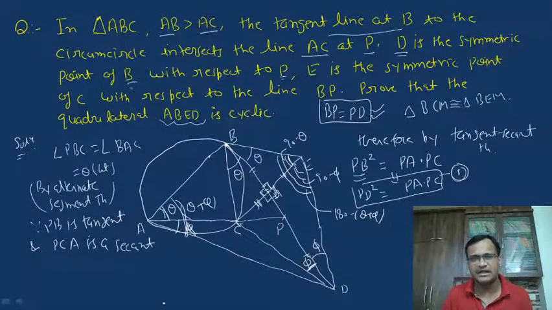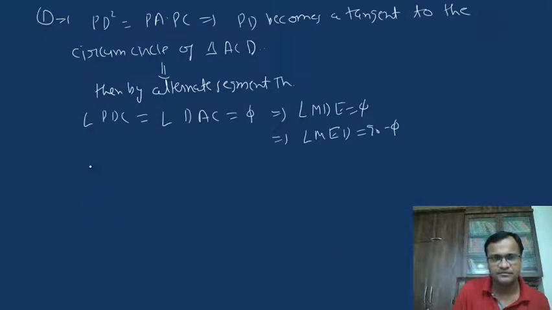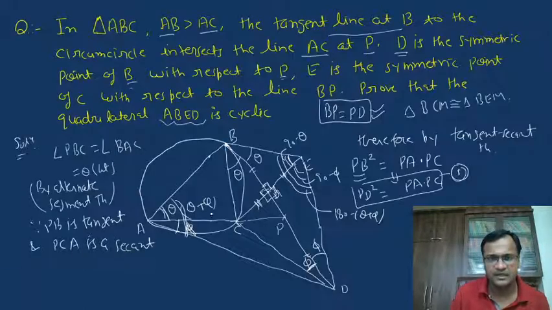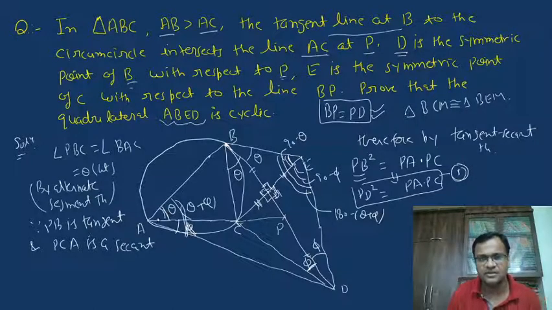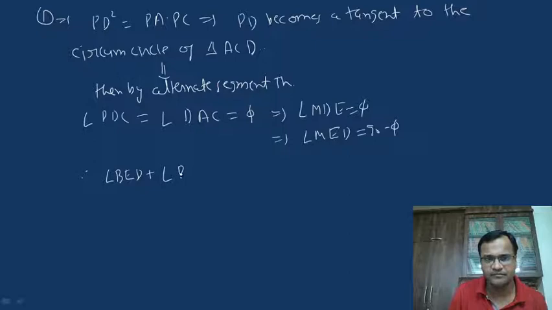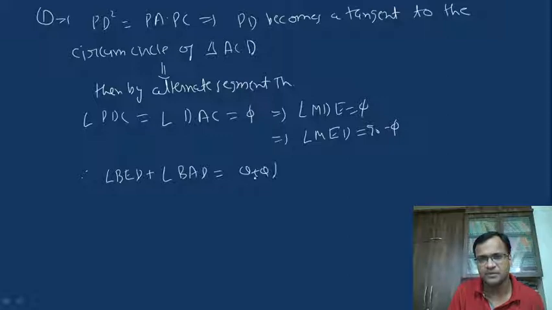Therefore, angle BED plus angle BAD equals to what? Sum of these two angles is clearly theta plus phi plus 180 minus theta plus phi.